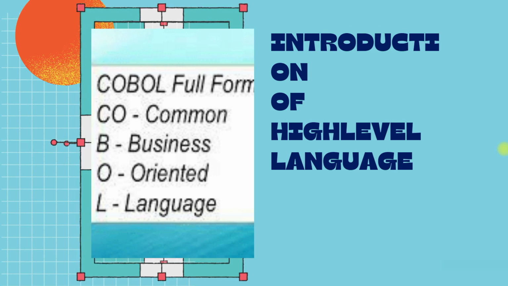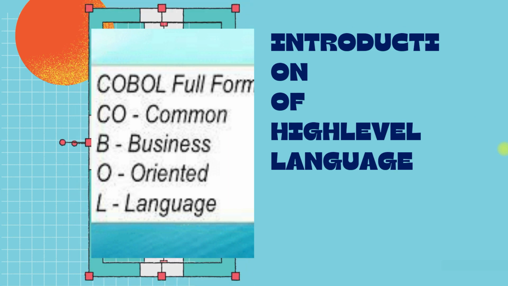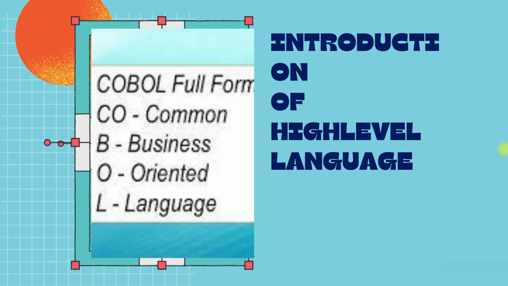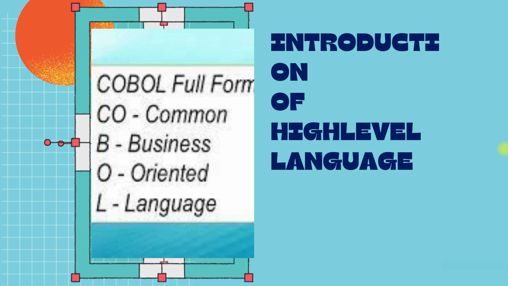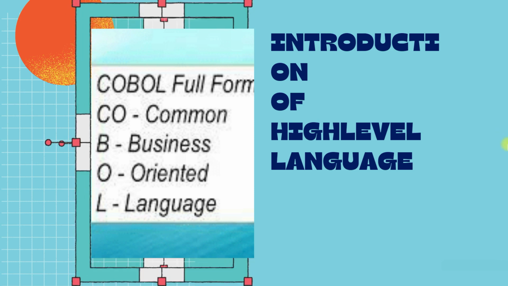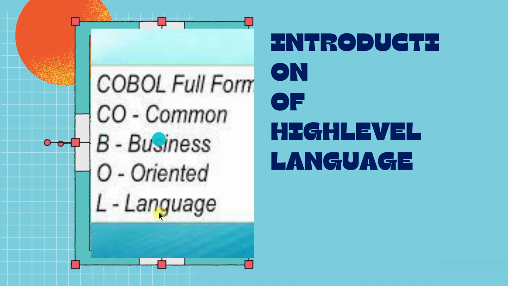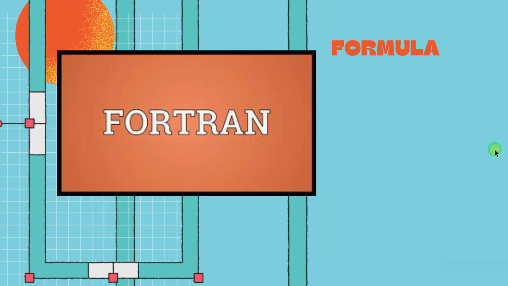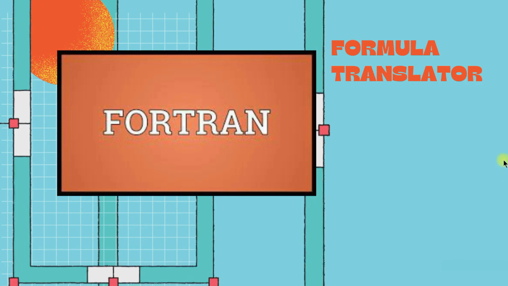Computers of second generation are characterized by the use of the first high-level programming languages, allowing programmers to specify instructions in English-like words. At this time, early versions of COBOL, Common Business Oriented Language, Fortran, Formula Translator, Algol, Snowball were developed.